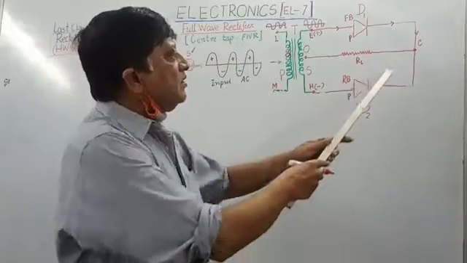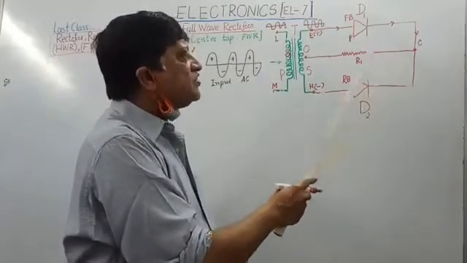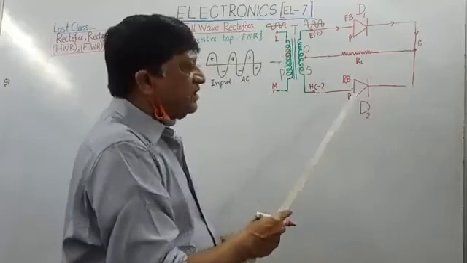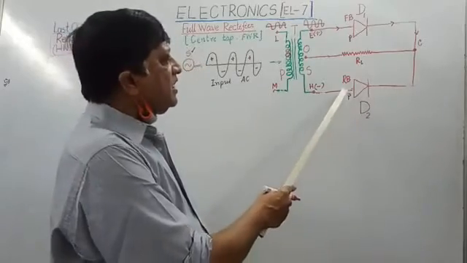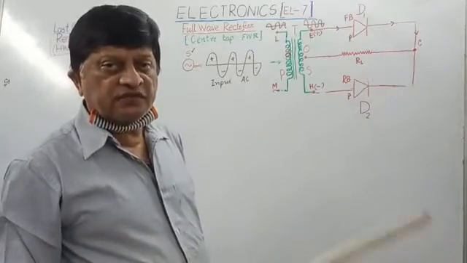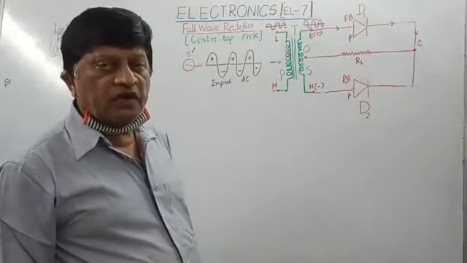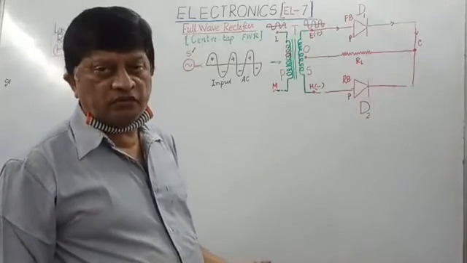Current will flow along this path, or can it flow along this path? The answer is no. Why? D2 is reverse biased. When D2 is reverse biased, will it conduct? So no current will flow through D2.